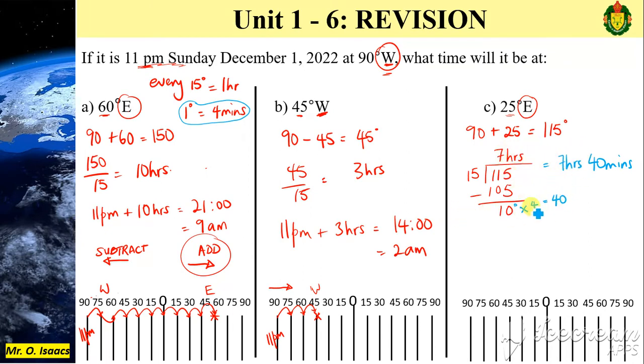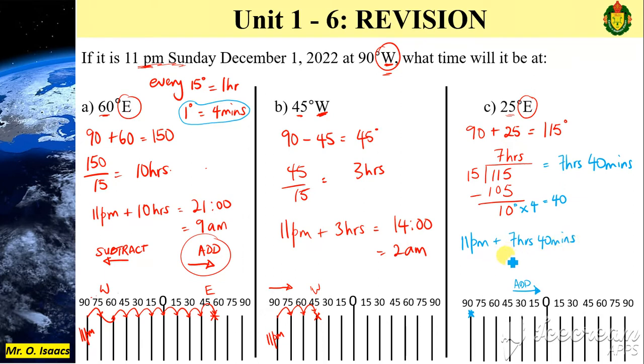So now you're going to say to yourself, are you going to add the 7 hours and 40 minutes, or are you going to subtract it? So the fact that we start at 90 degrees over here and we're going 25 degrees east, which is over this side, we're going to add. So it means now that you're going to add 11 p.m. with 7 hours and 40 minutes.